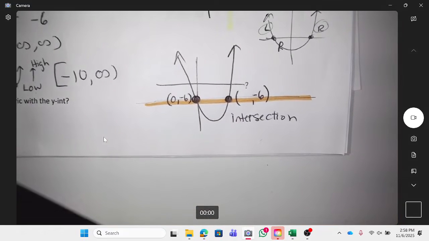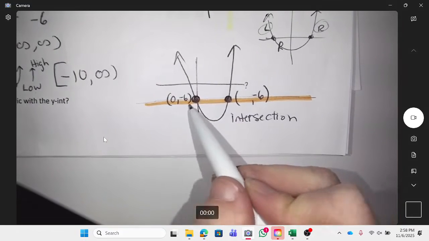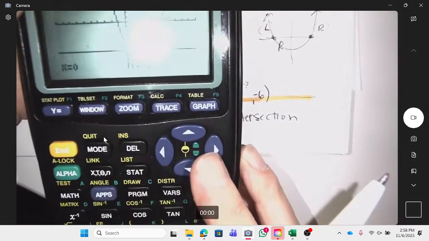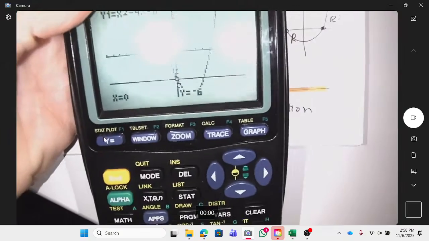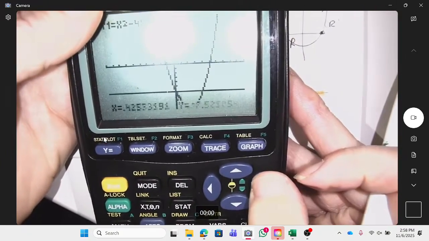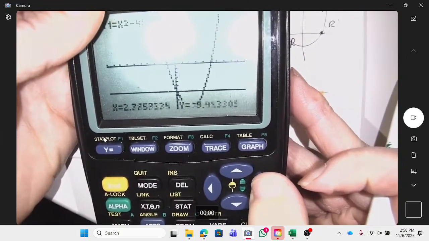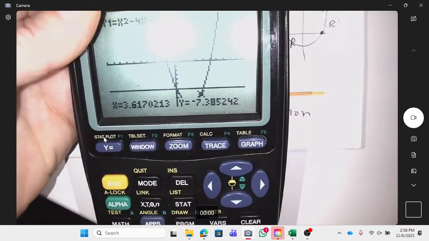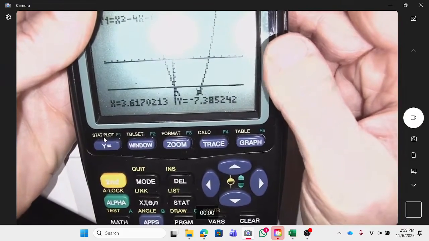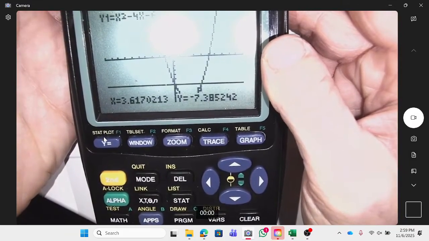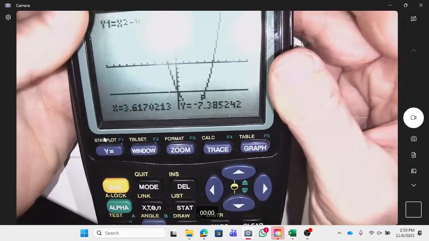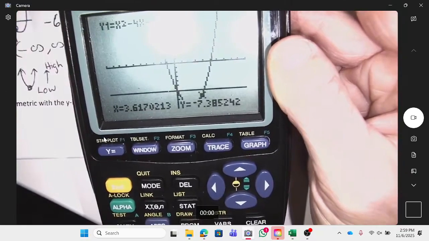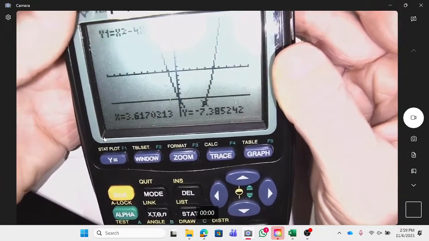But here's the deal. There's 2 intersections. One's over here, which we already know, and here's another one. So I want you to hit trace, and I want you to make sure I can see your mouse. So before you do the intersection, can you make sure your mouse is at least closer to this one versus that one. Because when you hit intersection, your mouse will go to whatever one it looks like it's closest to, if there's multiple intersections. You don't have to be on it. Just closer.